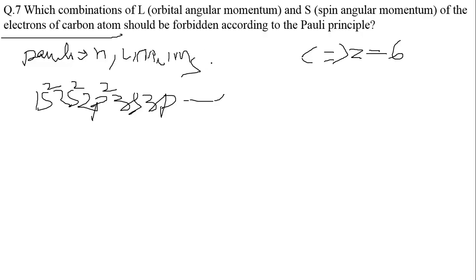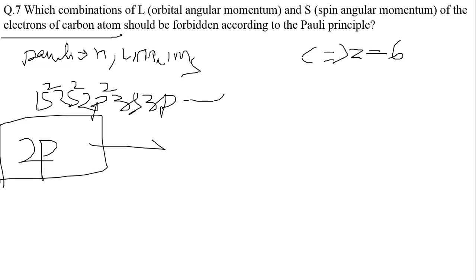So what will be the value for the last electron? The last electron is going to 2p. So for p, L equals 1 and S equals half for electrons.